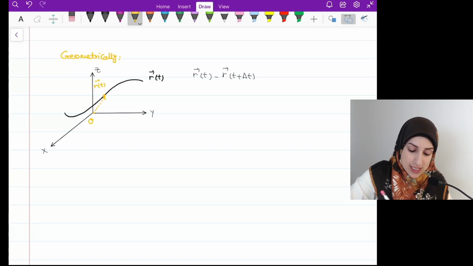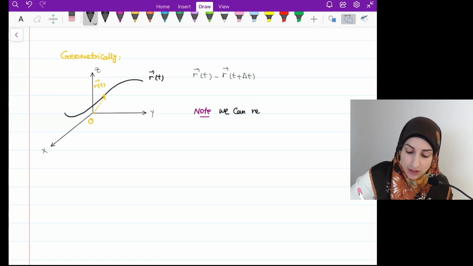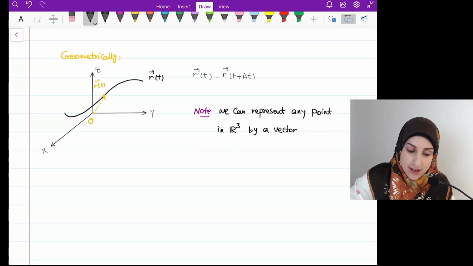Let me give you one small note, that any point in R cube we can represent by a vector starting at the origin.